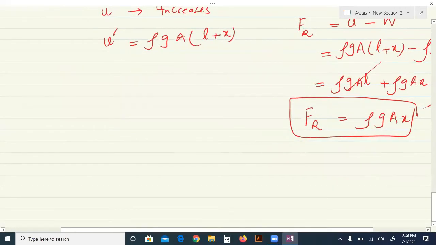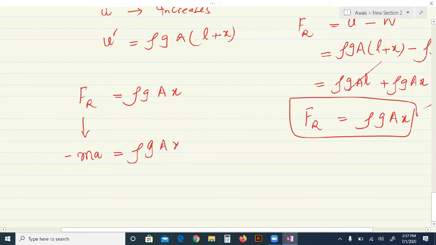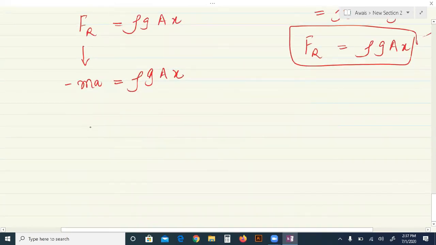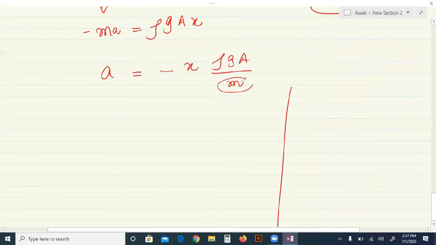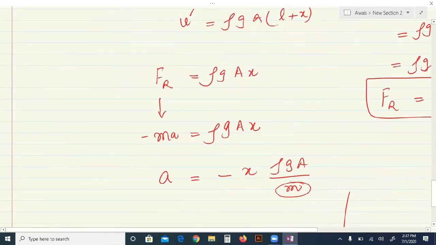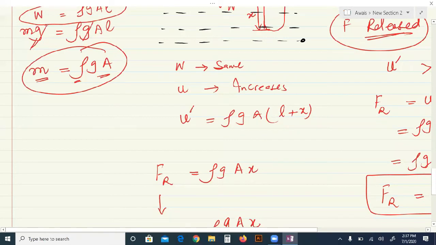Now we have to prove that this up and down motion, this oscillation of the tube in the liquid, is simple harmonic motion. So the resultant force is rho G A X, and it is restoring. This force produces acceleration, so we can write a is equal to minus X rho G A over m. Now m is the mass which is oscillating, and the mass is rho A L of the tube plus sand.